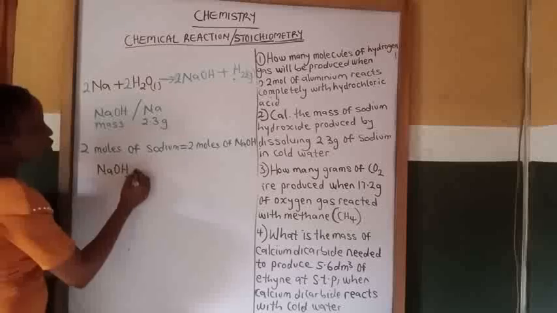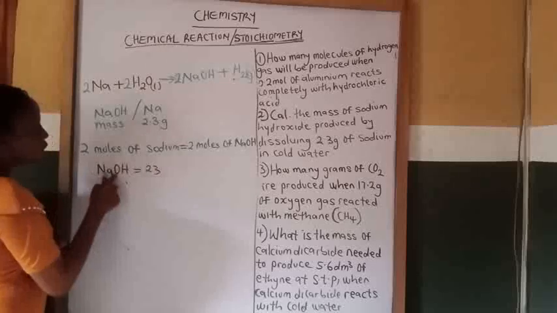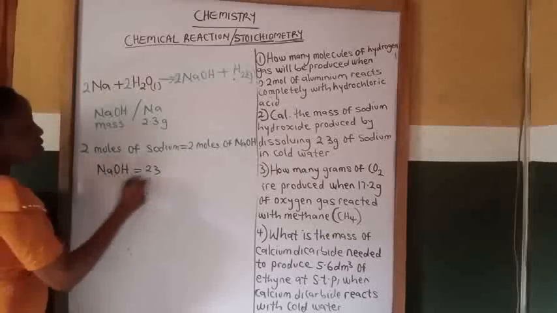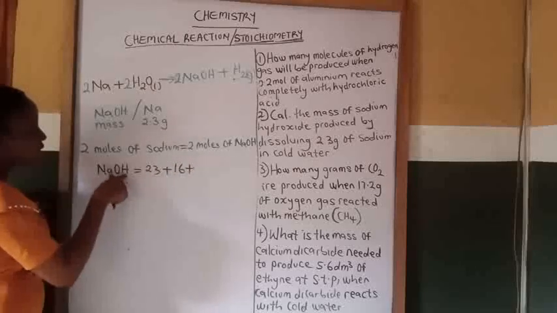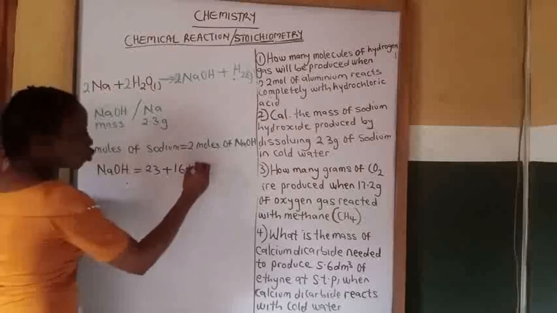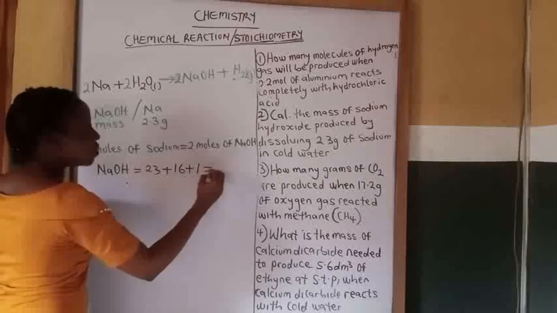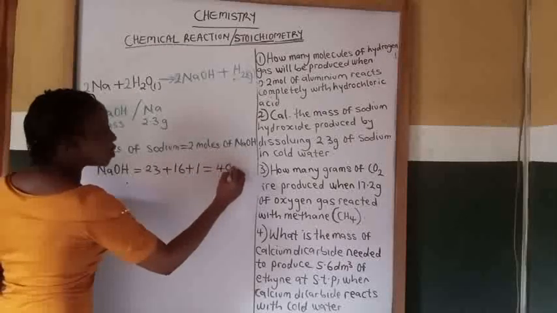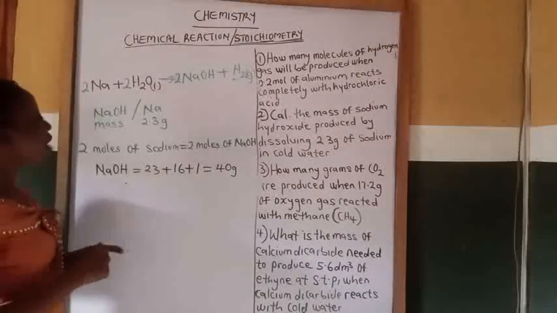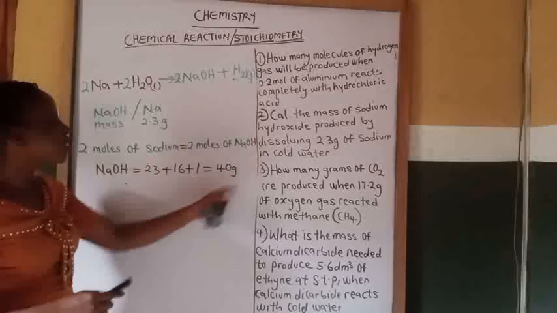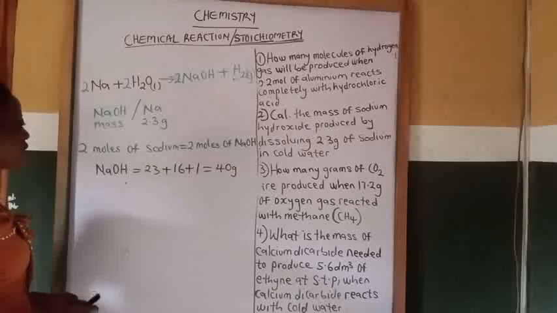The mass of sodium 23 plus the atomic mass of oxygen 16 plus the atomic mass of hydrogen 1. By the time you add everything together, it will give you 40 grams. So the mass of sodium hydroxide is equivalent to 40 grams.